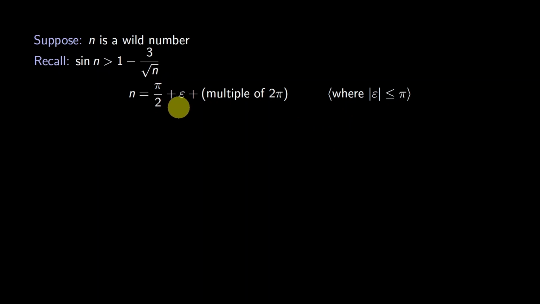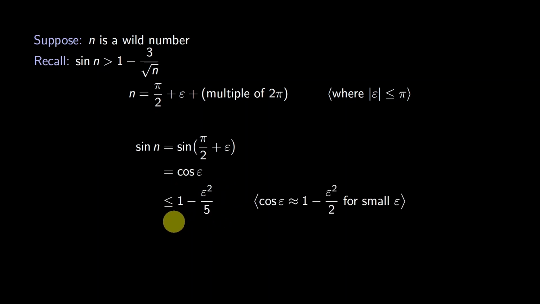Let's express sine n in terms of epsilon. Sine n is sine of pi over 2 plus epsilon because we can ignore the multiple of 2 pi. Do you remember a trig identity to simplify sine of pi over 2 plus epsilon? It's cosine of epsilon.